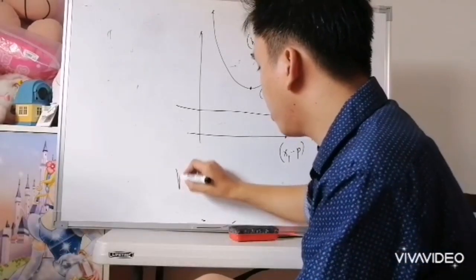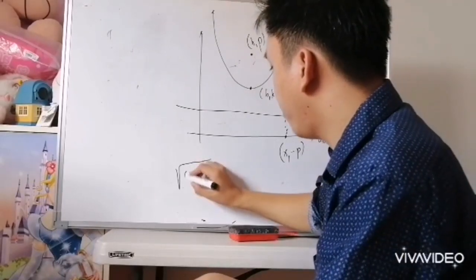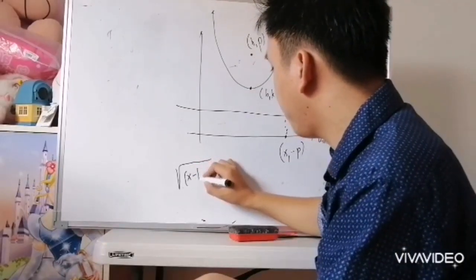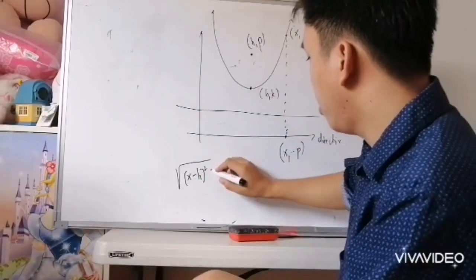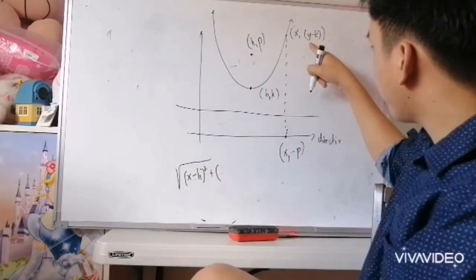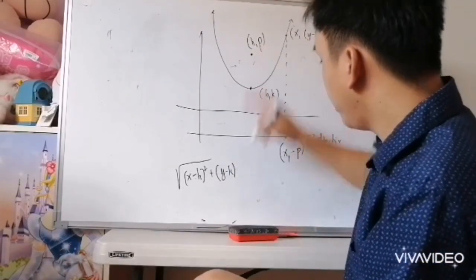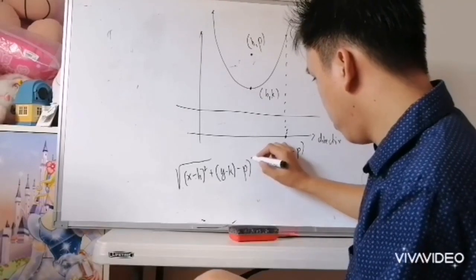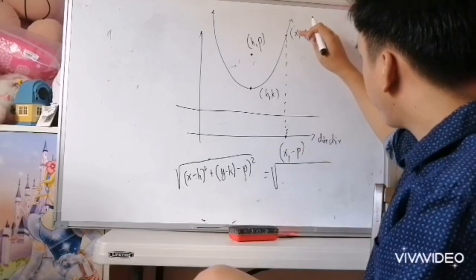So I'll take the distance formula. Let's have x sub 1 minus x sub 2, squared, plus y sub 1 minus y sub 2 squared. So you have x minus h squared plus y minus k minus p squared, equals the distance from this to this.